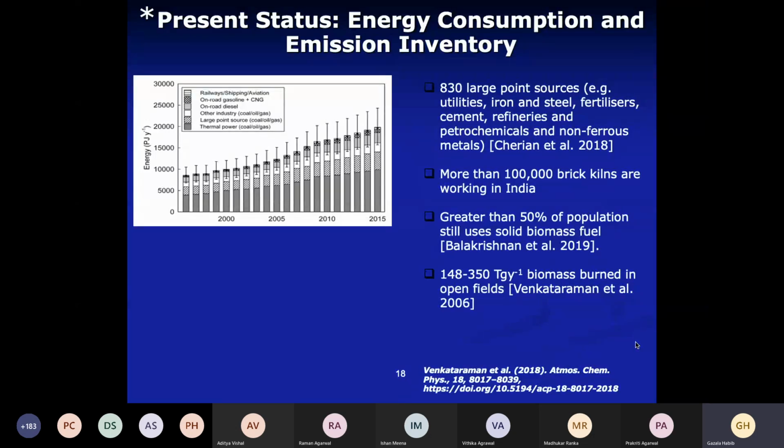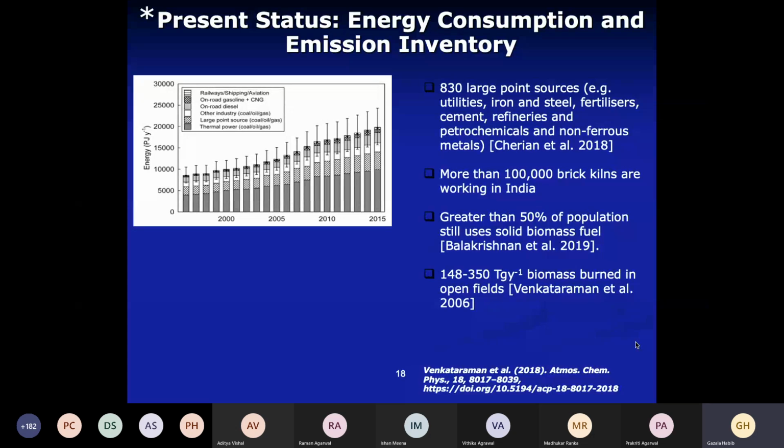Now if we know that there is a problem, and this problem is because of anthropogenic sources, we should also know what the energy trend in our country is, how it is increasing, and what the different sectors other than on-road vehicles are which are responsible for such precursor emission in India, and therefore the formation of secondary particles.